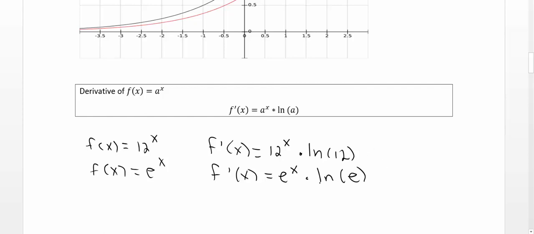But if you remember from algebra, the natural log of e is 1. So that means that the derivative of e to the x is e to the x. That's a special case of this rule, and it's really helpful. We use e to the x a lot. So knowing that the derivative is the same as the original function is a really helpful little trick here. So now we're going to add that to our formula list that we had from before.